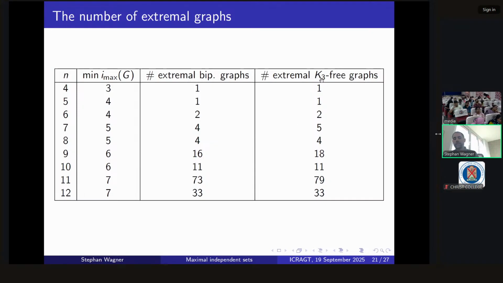If I extend to K3-free graphs, there are even 79. This is potentially one of the reasons that makes it harder to study the generalizations. There are many possible extremal cases to consider.